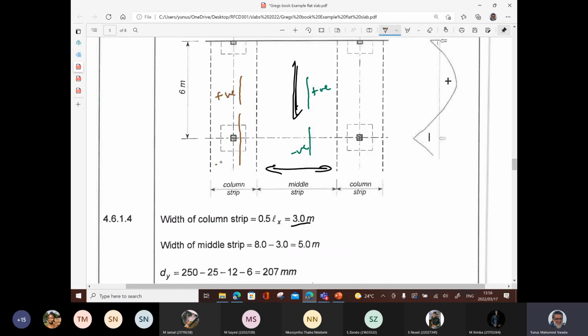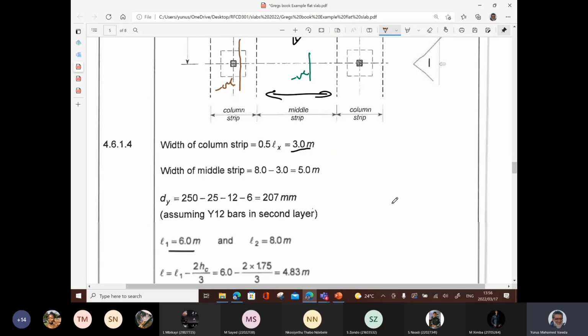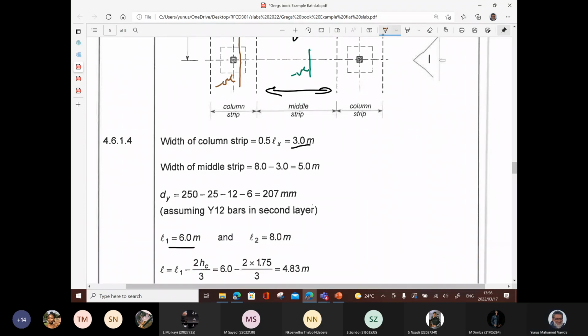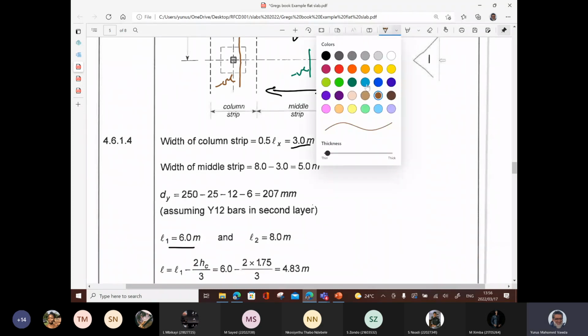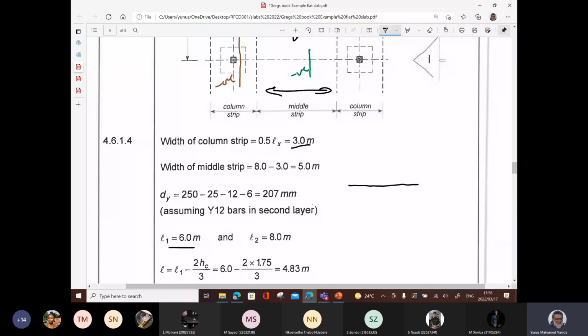Carry on. Why on the dy do we subtract 12 and 6? Because, okay, I explained earlier, but I'll do it again. So we're looking at a section of the reinforcement, anywhere through there.